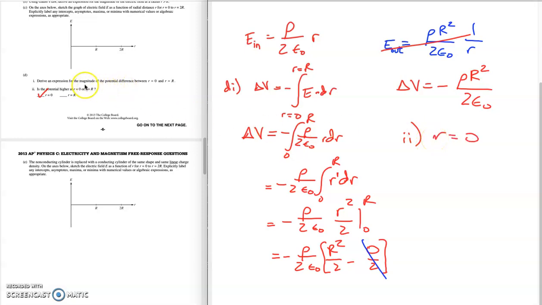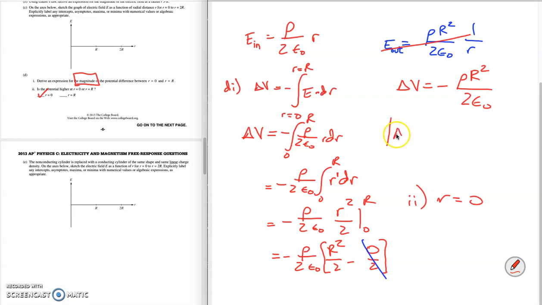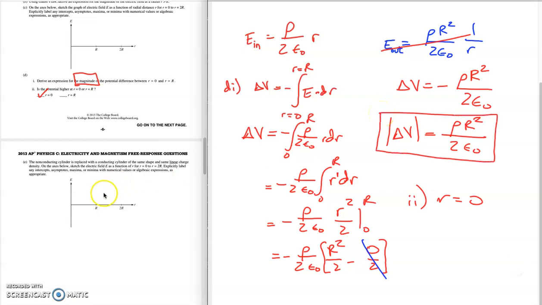One more thing to keep in mind here, though, is that they asked for the magnitude of this. Since they asked for the magnitude of that, we should give them the magnitude, which is just the absolute value or the positive version. And for part 1, this is where I would stop.